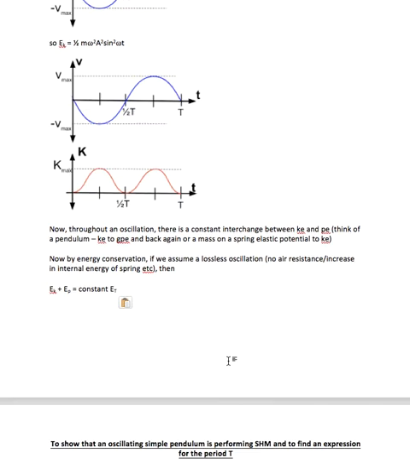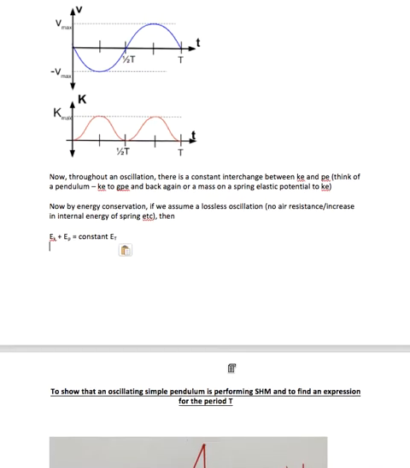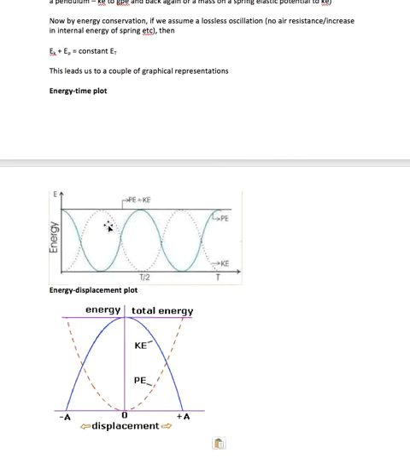So here now we have two graphs. We have energy against time.